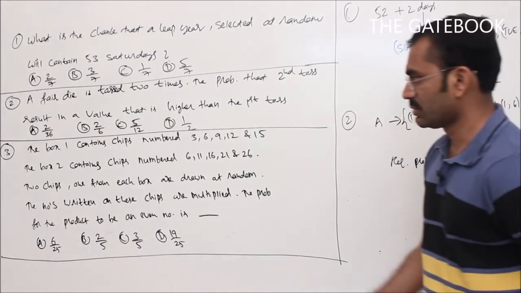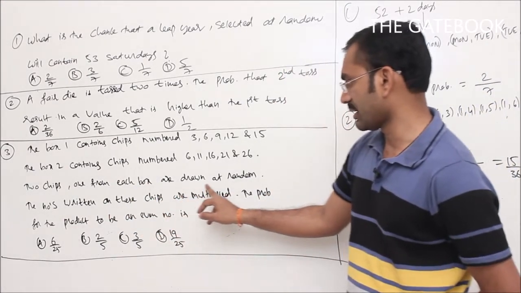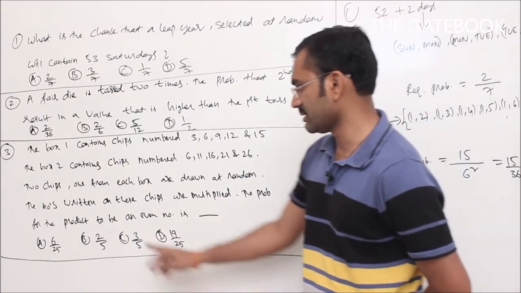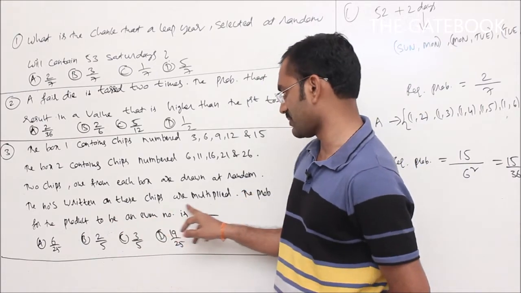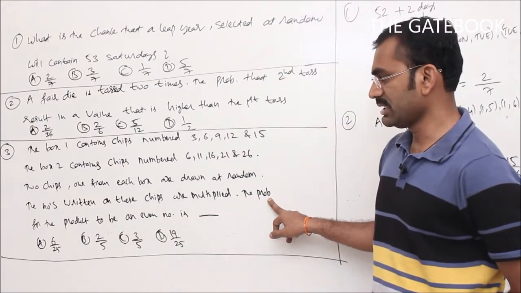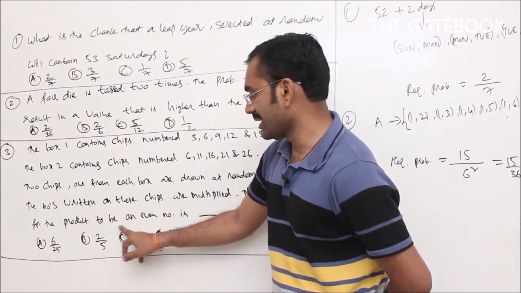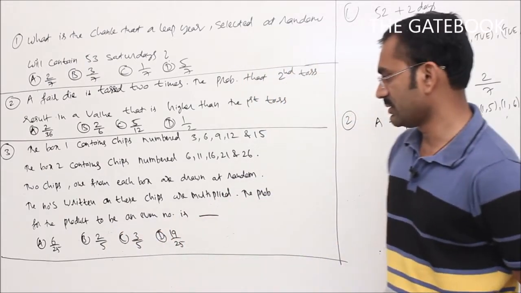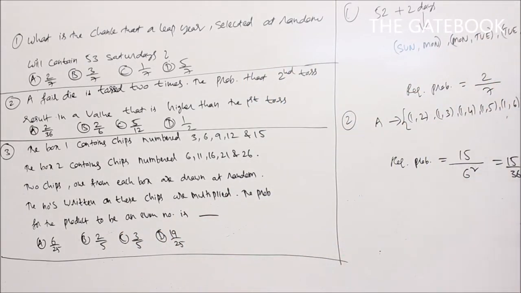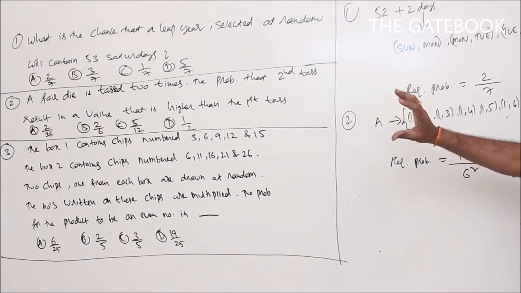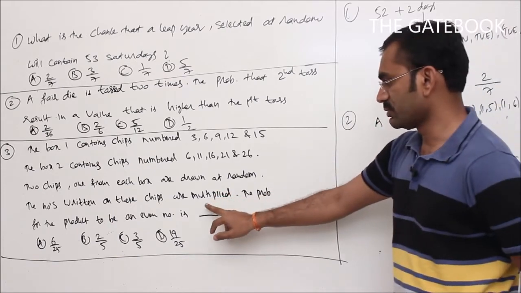So what I am saying here: 2 chips, one from each box, are drawn at random, and the numbers written on these chips are multiplied. The product should be an even number. So you draw one chip from box 1 and one chip from box 2, multiply both together, and that product should be even.